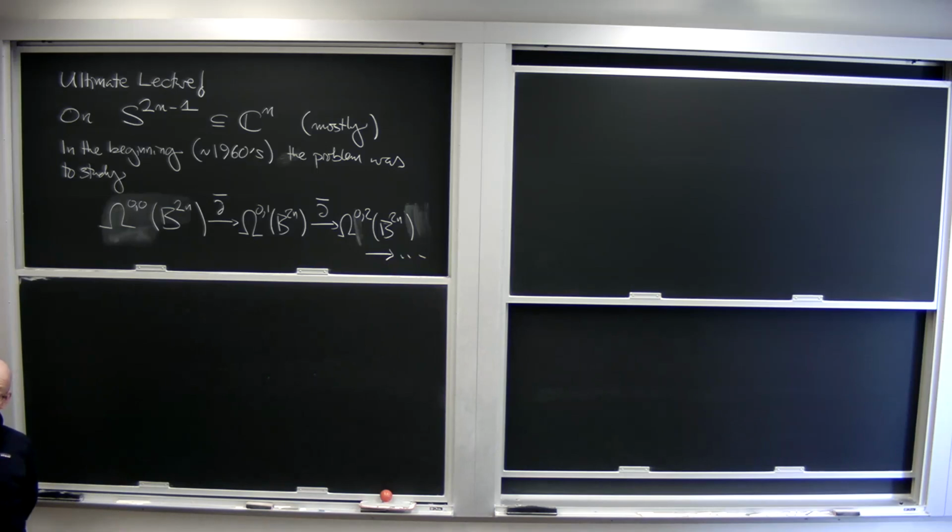It has to be proved, and it's not a simple theorem to prove. And the sort of analysis that was carried out on this complex, that we're going to talk about in the most superficial possible way, leads to a proof of the Newlander-Nirenberg theorem and other results in complex analysis too.